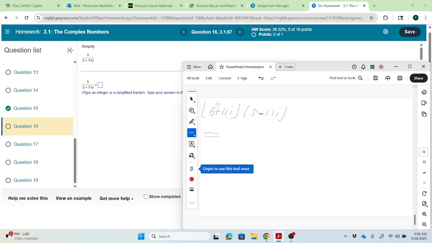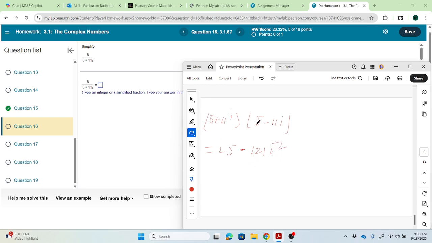When you multiply these by FOILing, 5 times 5 is 25. Okay, my pen is not working properly. So 5 plus 11i times 5 minus 11i: 5 times 5 is 25, and using the FOIL shortcut it would be 121, 11 times 11 is 121, i squared.